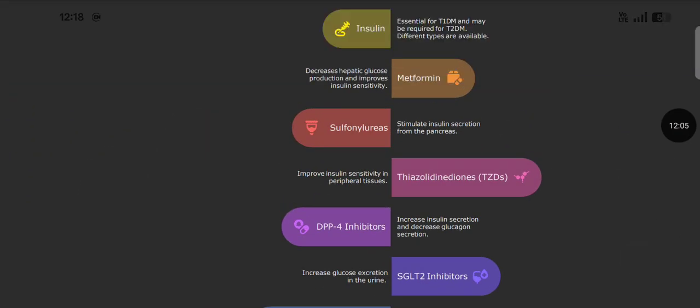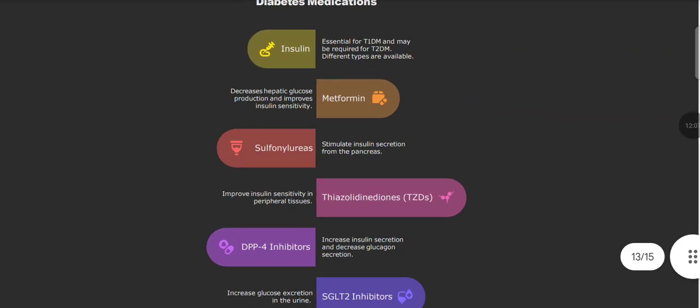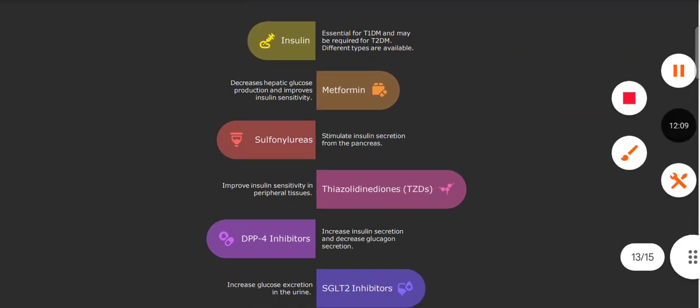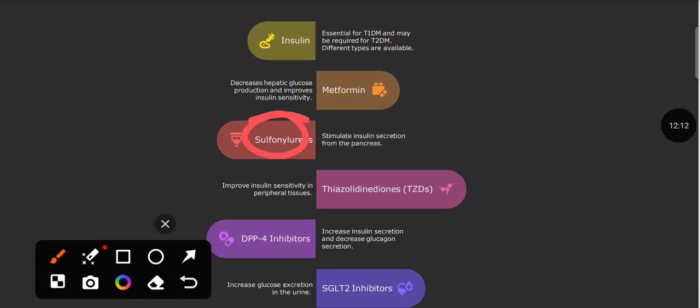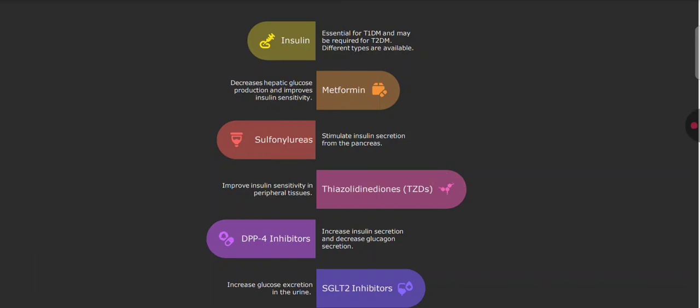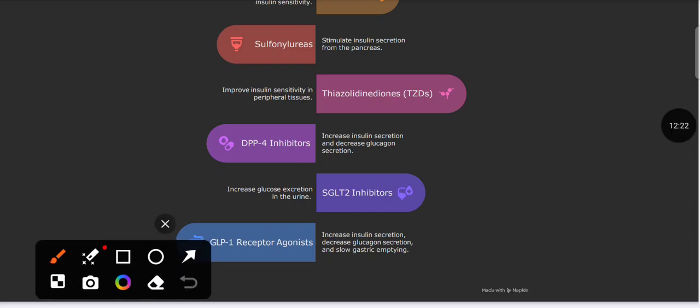Other than that, these are the different types of medications. Sulfonylureas stimulate insulin secretion from the pancreas. Thiazolidinediones increase the sensitivity of insulin. DPP4 inhibitors increase insulin secretion and decrease glucagon secretion.